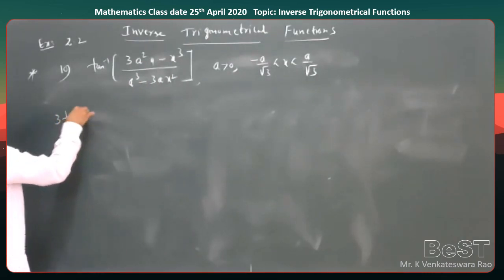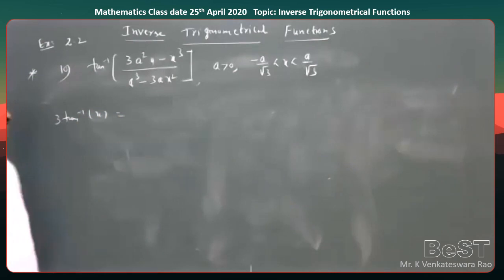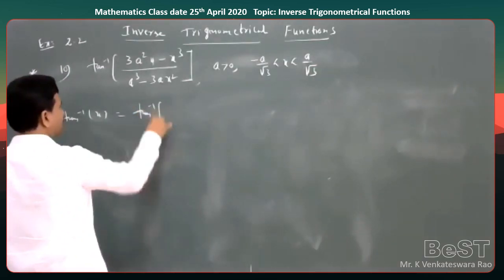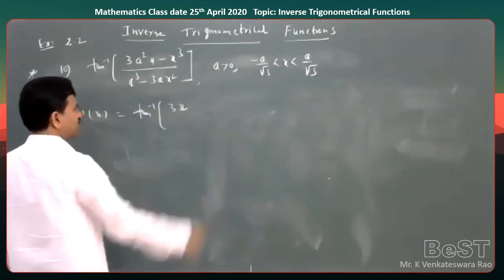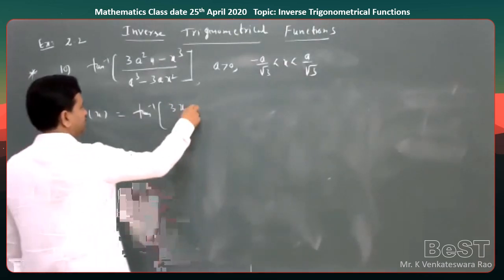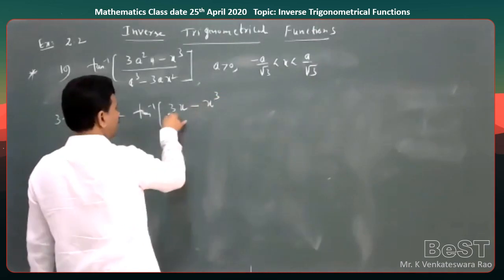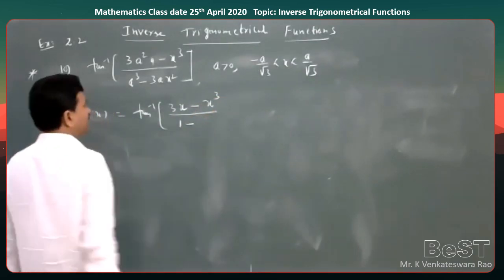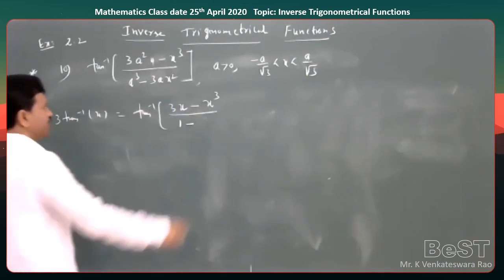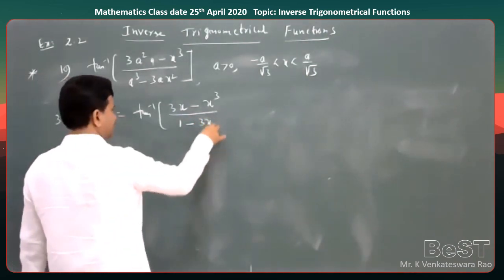Listen to me. Note down 3 tan inverse of x formula first. What is yesterday we derived? 3 tan inverse of x formula. Tan inverse of 3x minus x cube by 1 minus 3x square.